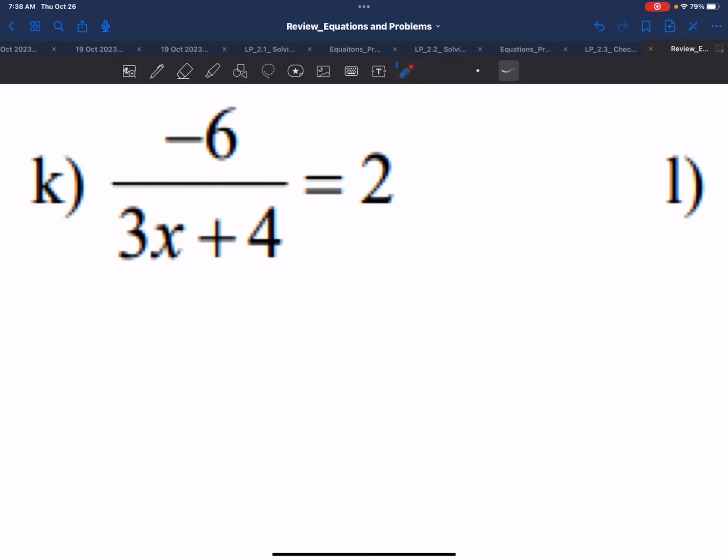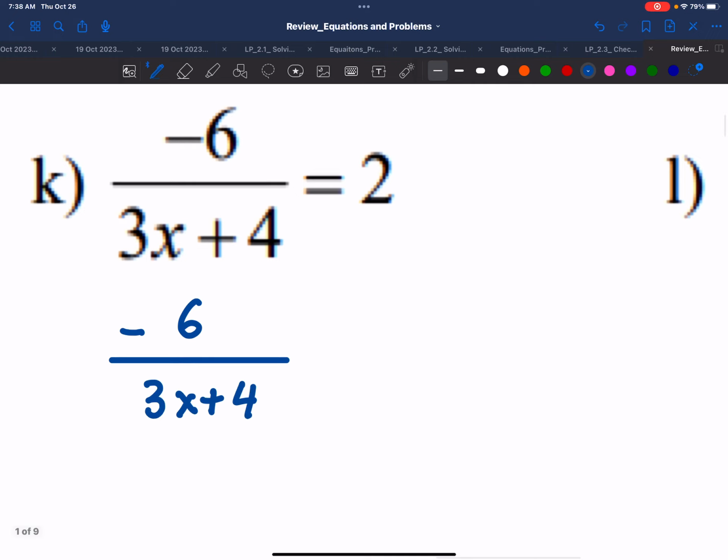To eliminate the denominator, and when you think about it, denominator is just an expression dividing the numerator, then we perform the opposite of division, which is multiplication. So we have negative 6 over 3x plus 4. And the other side has a 2. So we multiply both sides by 3x plus 4.